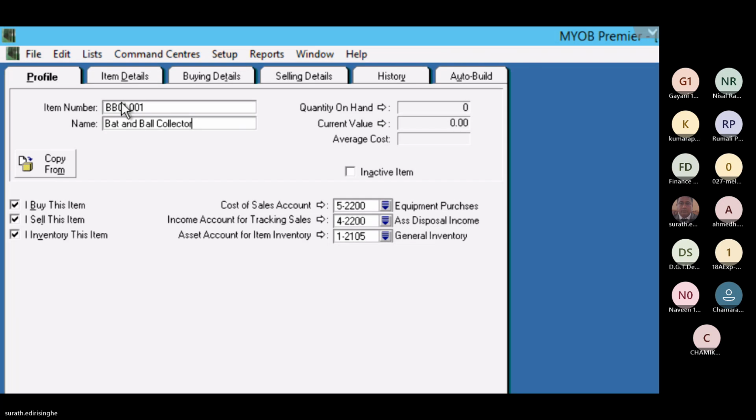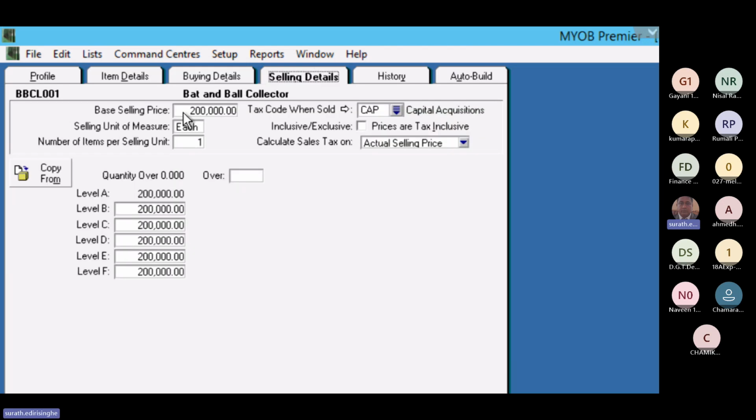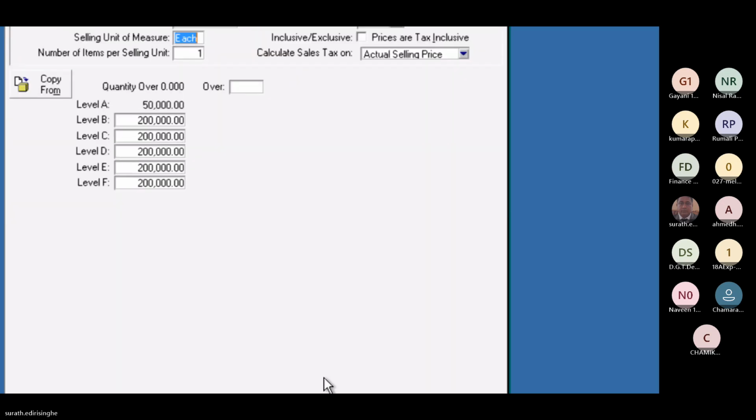Then buying detail, already set in the last item. And selling detail, assuming that this item has a selling price of 50,000. Compare the tractor. Okay.